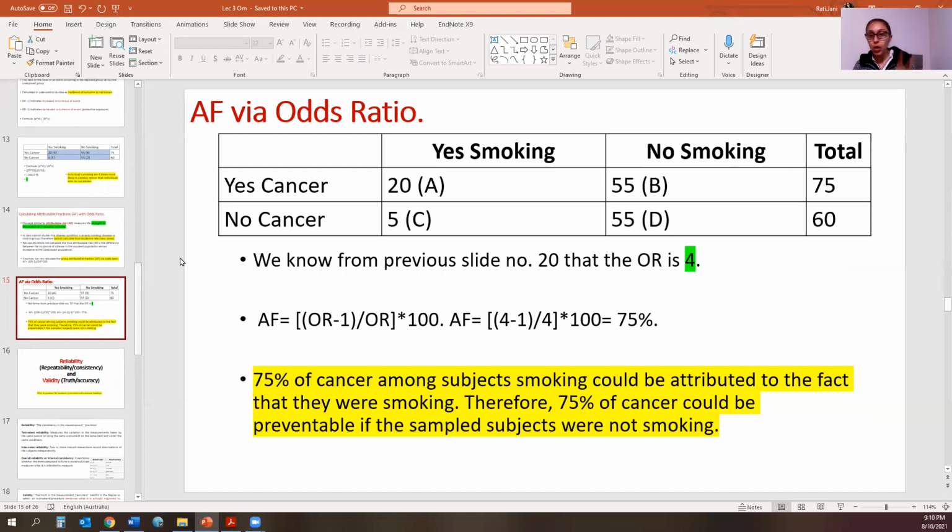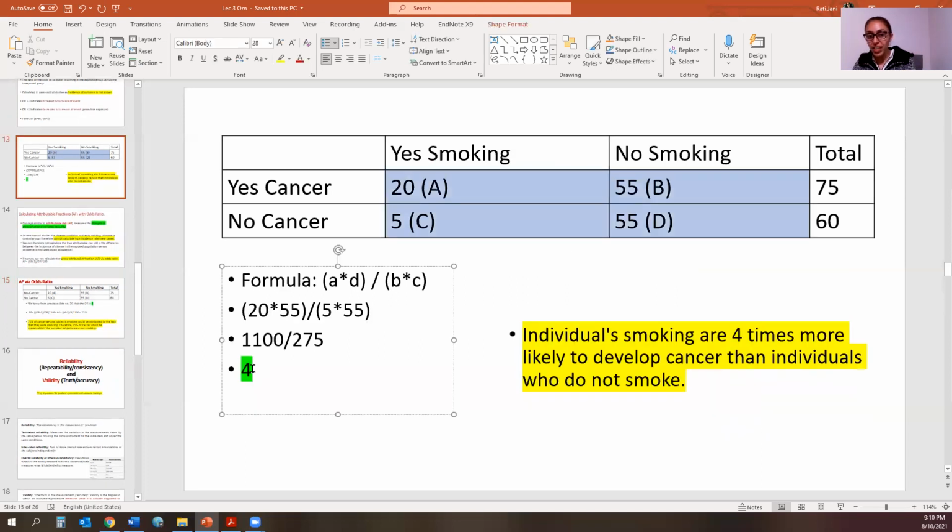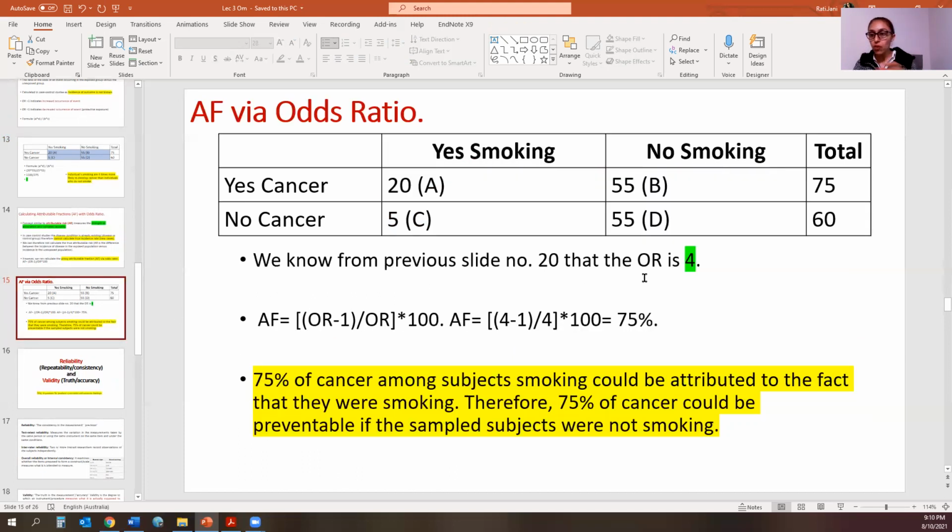So we know in this same example that our odds ratio is 4. That's why it's green in color. All of this coloring helps me to register, so 4 here is green in color, and it's the same example. The odds ratio was 4, and when I come to this formula, I have this green color 4 here again.